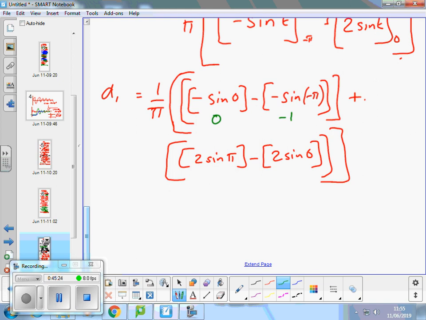There it is. Just check this bit in these two brackets. There's that bit there. Yeah, and that's the upper bound of integration take away the lower bound.